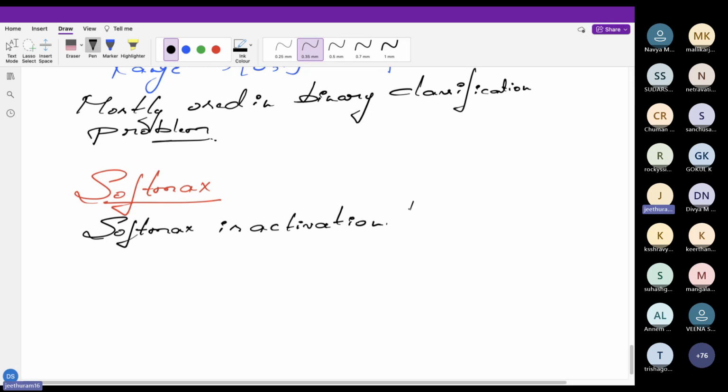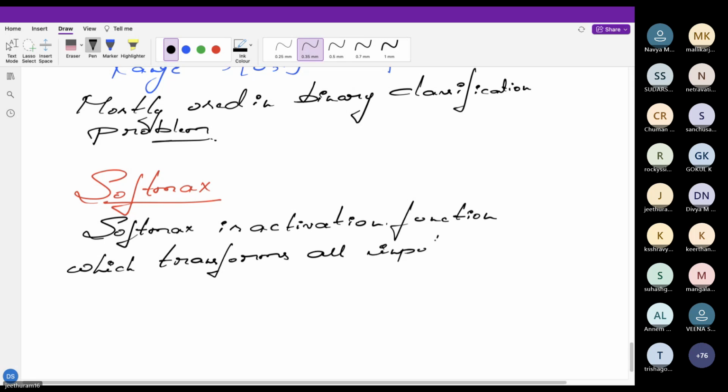So softmax is an activation function which transforms all inputs to probabilities, where the sum of all probabilities should be 1.